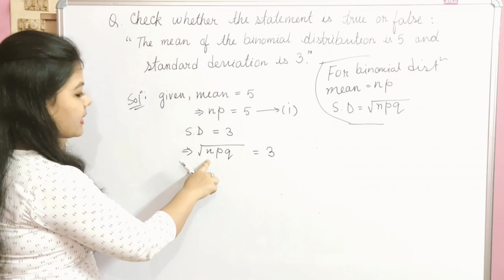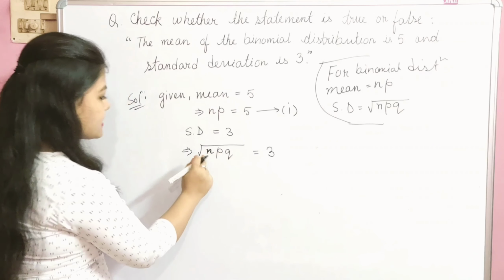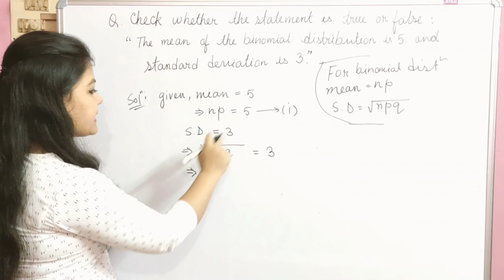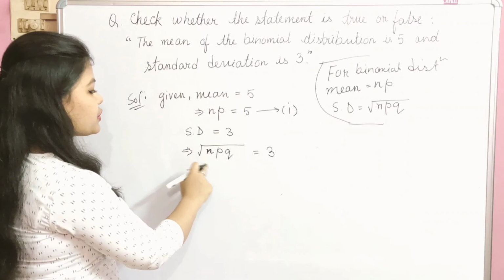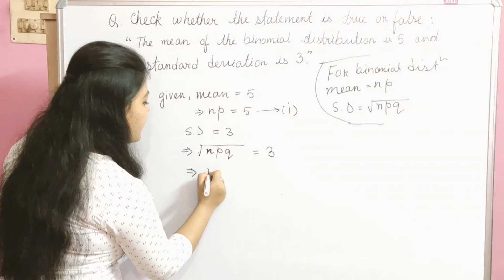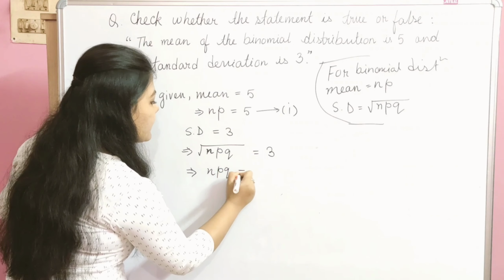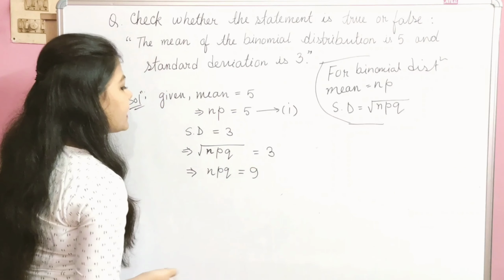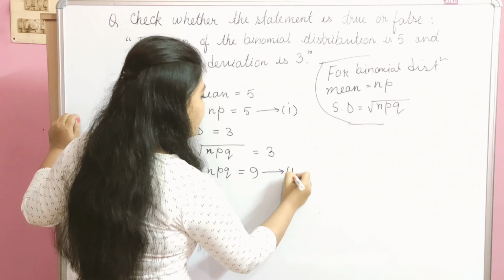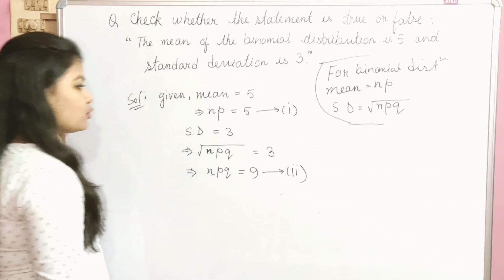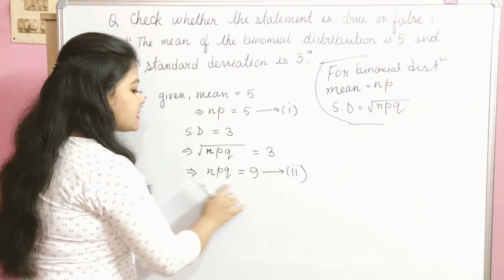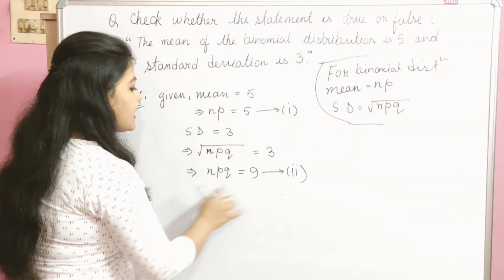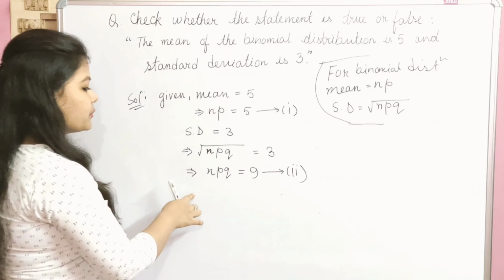Now we can remove this square root sign by squaring both sides. If you square both sides, the left hand side becomes NPQ and the right hand side becomes 3 square, equal to 9. We consider this as equation number 2.